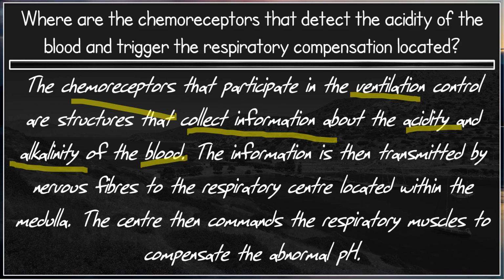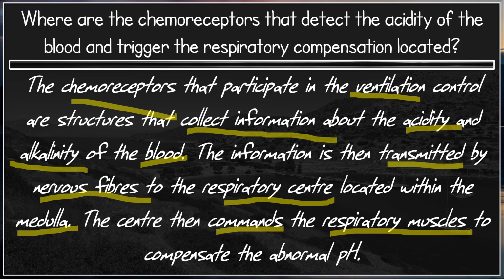The information is transmitted by the nervous fibers to the respiratory center located in the medulla. The center then commands the respiratory muscles to compensate the normal pH.